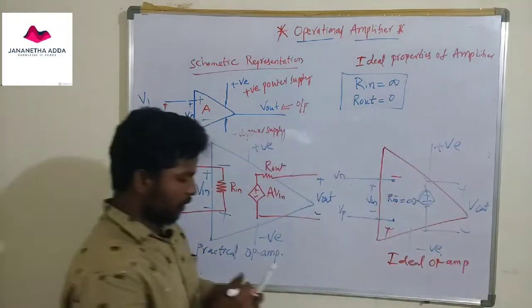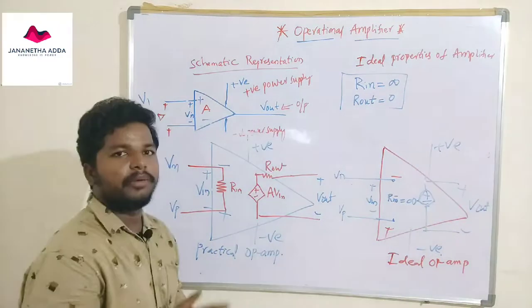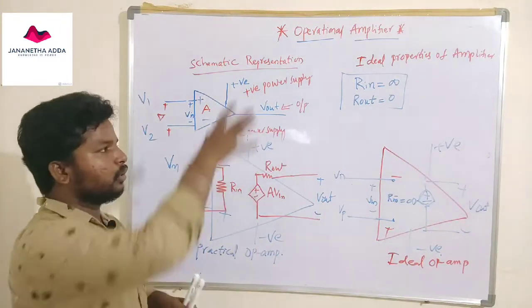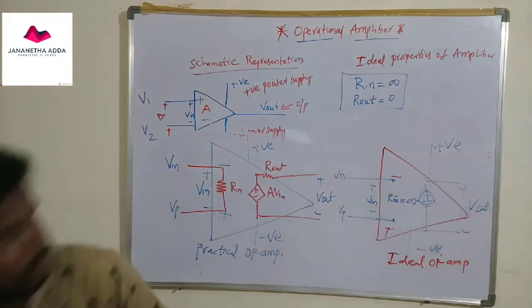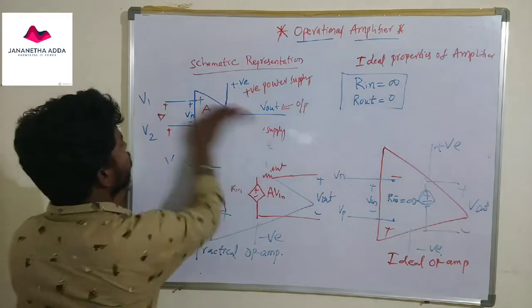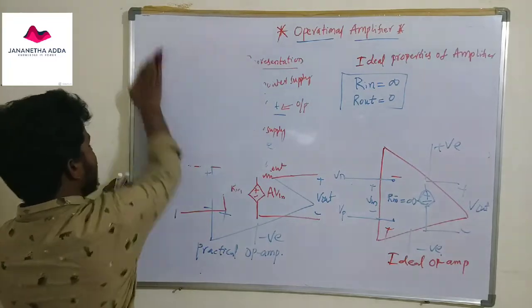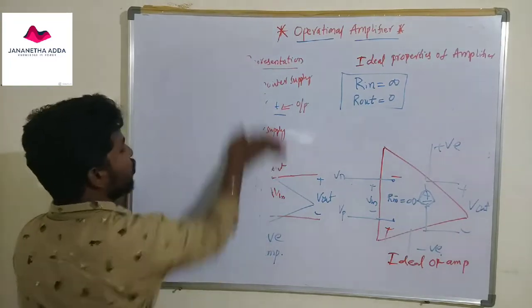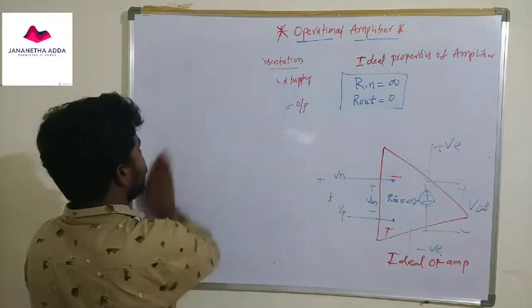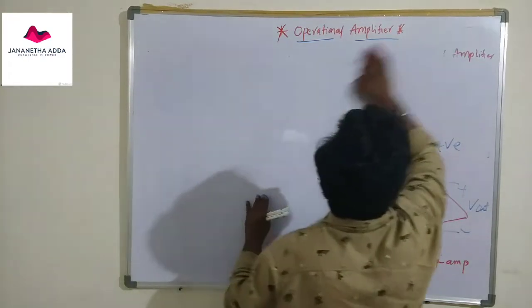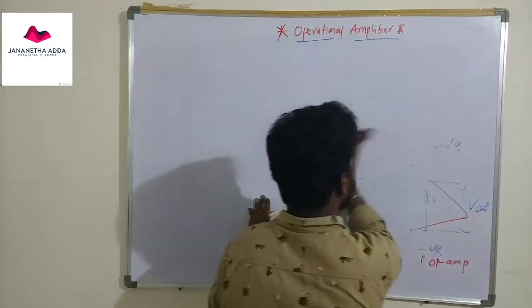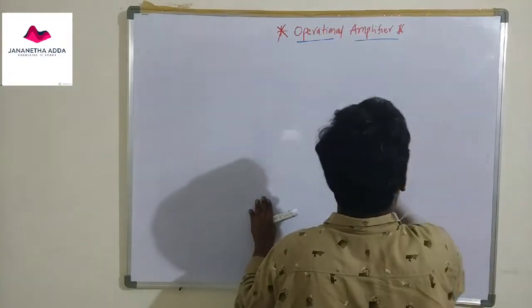If I take one example, from that example we will conclude the properties of an operational amplifier. In the next part we will discuss the properties of the amplifier.